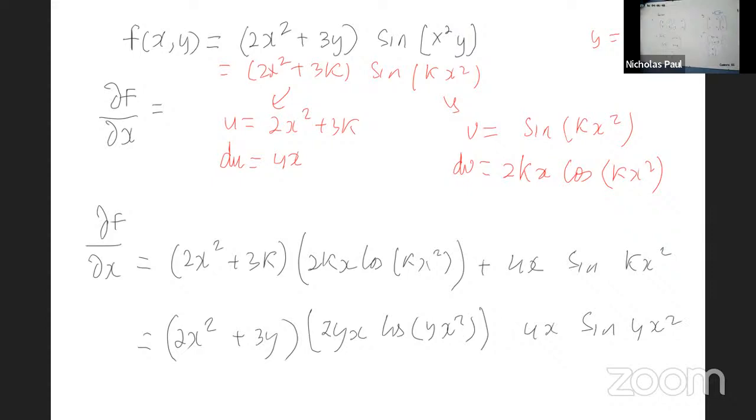I'm just putting it back so that we don't mix it up. By putting y equal to k, it might look a little easier. But were you able to identify the product?